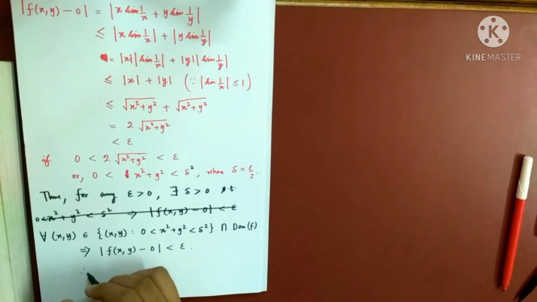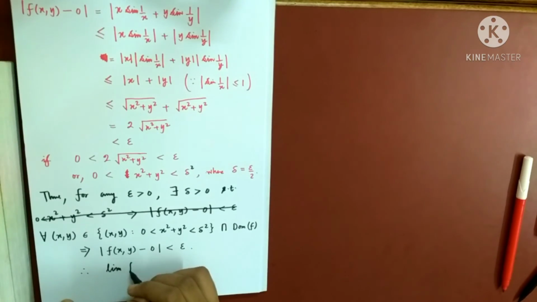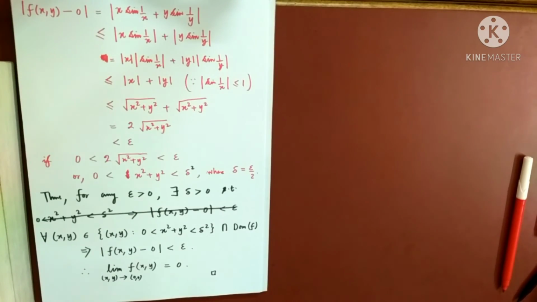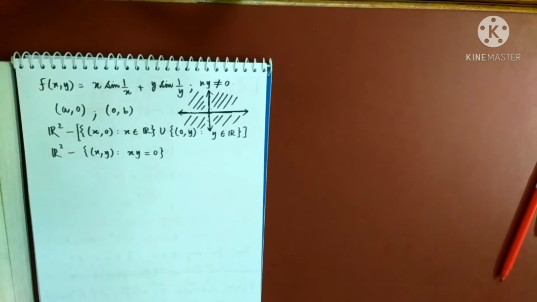So this proves that the limit of f(x,y) at the point 0, 0 is actually 0. Am I clear? So let me take the third question.